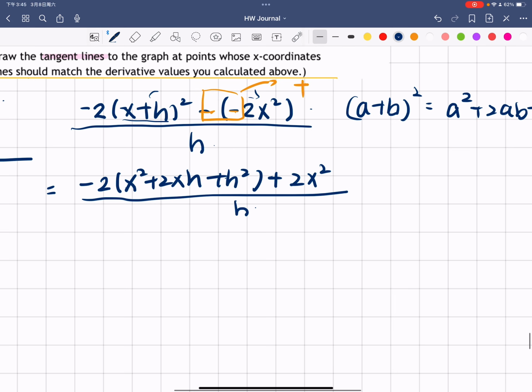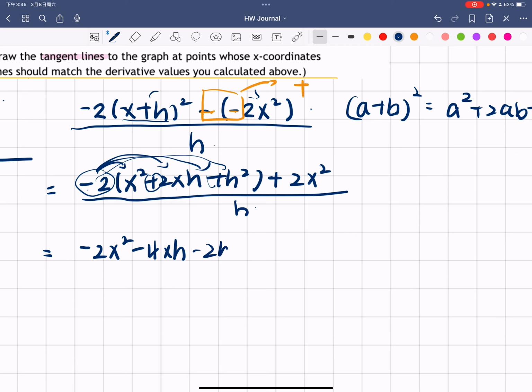And then we're going to be distributing negative 2 to each term within the parentheses. So it's going to be negative 2x squared, and remember plus and minus, it's going to be negative 4xh, negative 2h squared, plus 2x squared over h.